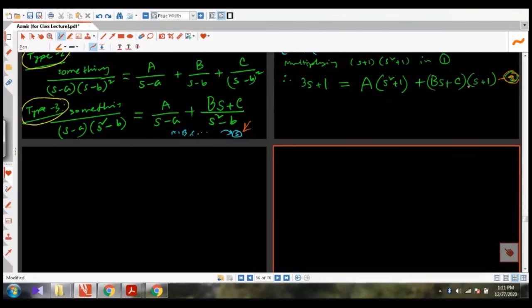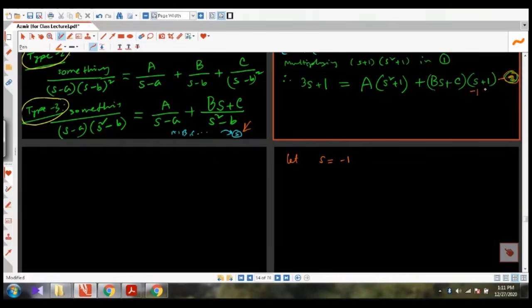Let's say we are plugging s equal to -1, because if we input s equal to -1, then -1 plus 1 will be 0, and 0 times something will be 0. Then it will be easy for getting a. So that's why we have chosen -1.